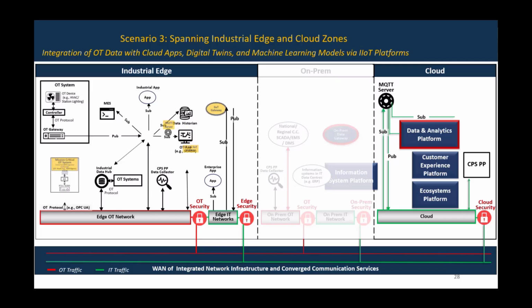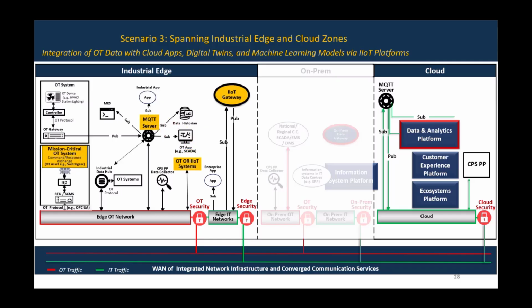So at the industrial edge here, we have an industrial Internet of Things gateway, which acquires the data either directly from operational technology or industrial Internet of Things system, or indirectly through the message queue telemetry transport broker. And the destination of this data is the cloud-based industrial Internet of Things platform.